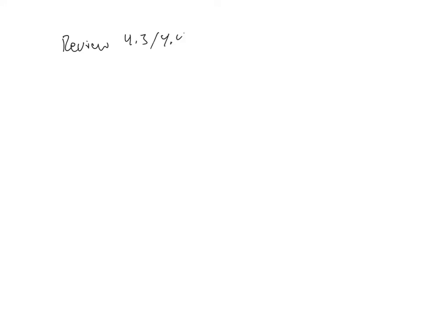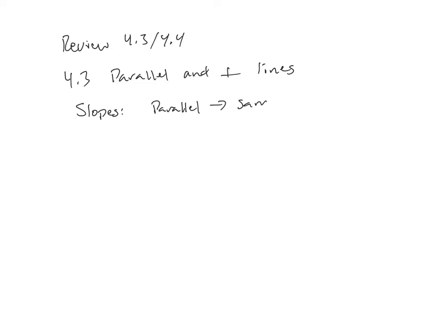Going to review 4.3 and 4.4 today. 4.3 was on parallel and perpendicular lines. Remember that with the slopes, parallel is the same slope and perpendicular is the negative reciprocal slope.